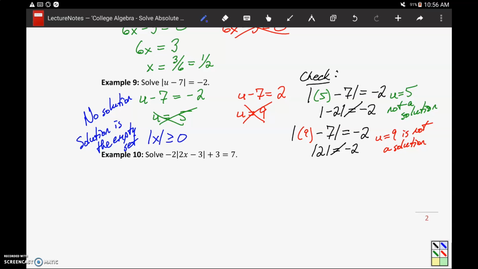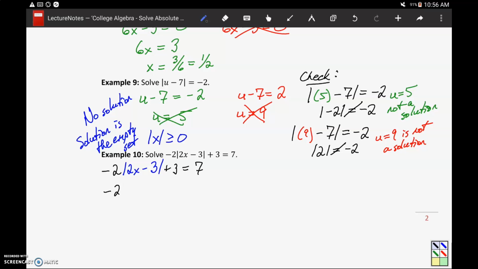In example 10, we have one of these more complicated examples to consider, where our absolute value portion isn't isolated. And initially, this looks like it might have a solution, since we do have this set equal to a positive value on the right-hand side.